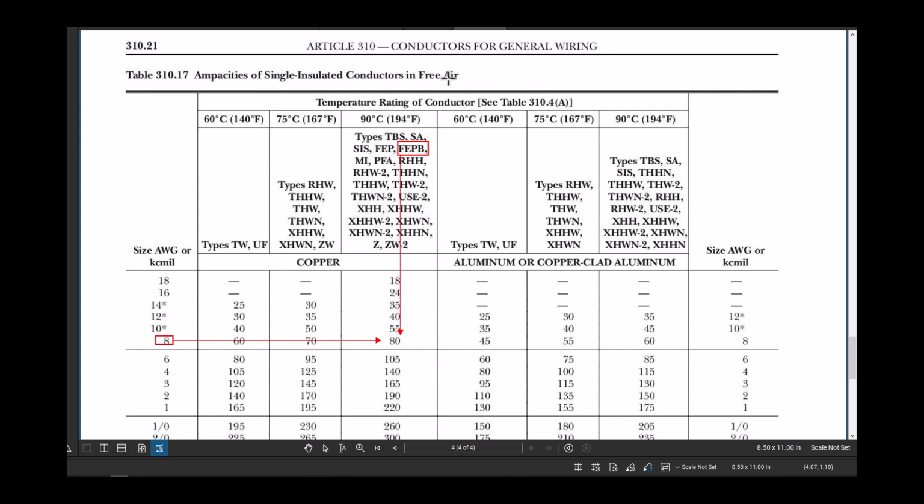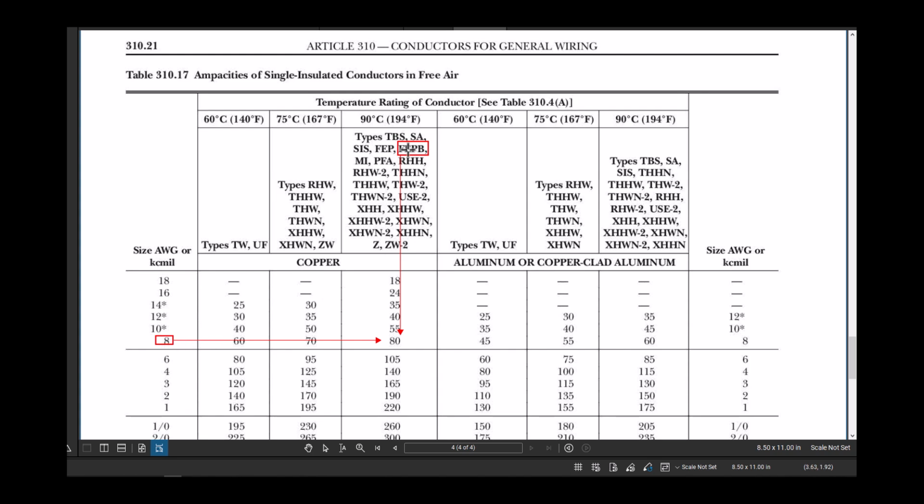And the question said in the beginning, when ambient temperature is not a factor, then we don't need any adjustment for ambient temperature. Now, the FEPB is rated 90 degrees Celsius and the size of the wire was 8 gauge.